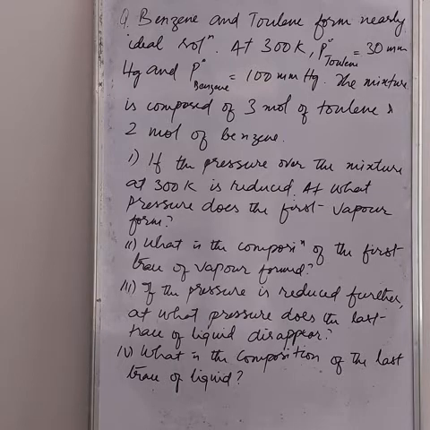We are asked, if the total pressure over the mixture at the same temperature is reduced, at what pressure does the first vapor form? The second one is, what is the composition of the first trace of vapor formed? Third, if the pressure is reduced further, at what pressure does the last trace of liquid disappear? And finally, what is the composition of the last trace of liquid? Now, you can pause the video and try to solve.